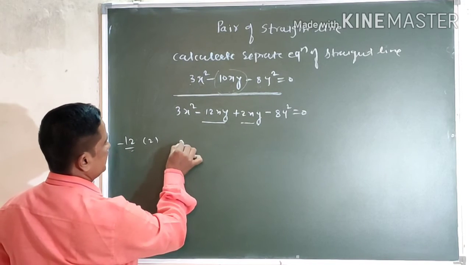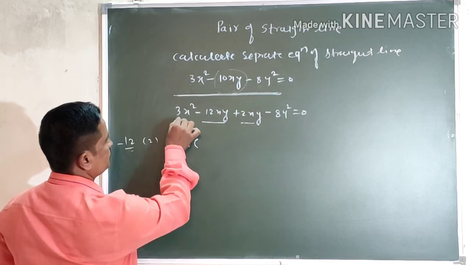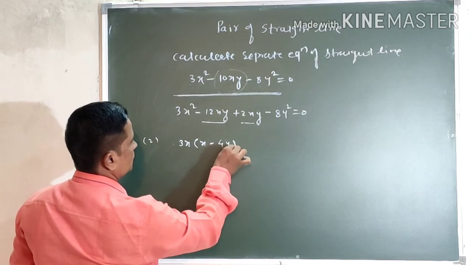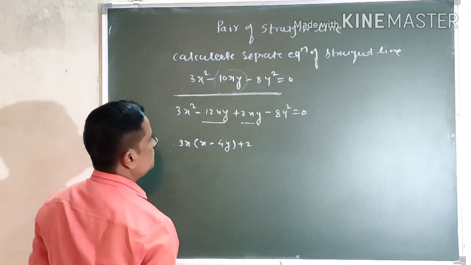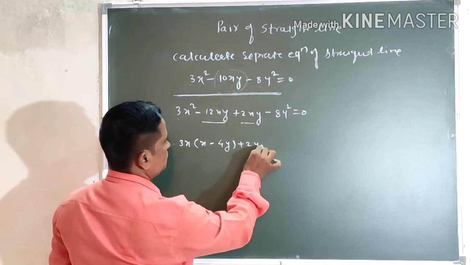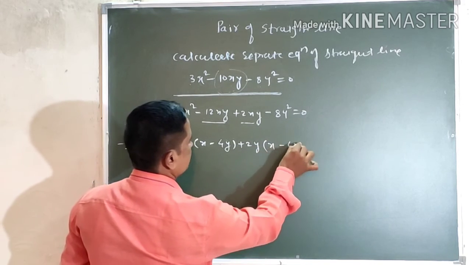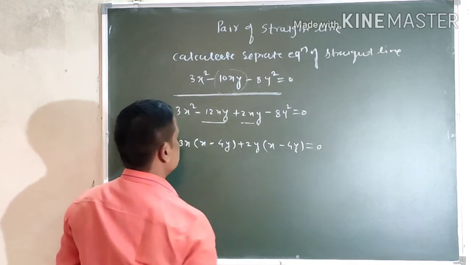So take 3x common, so it is x minus 4y. Again take 2y as common, that is x minus 4y equals to 0.